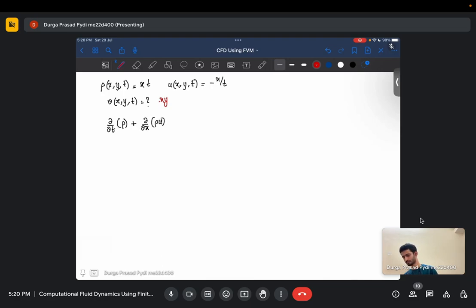I got it, but I want you to solve it. Let's see. Basically this is how you start. This is your conservation of mass.